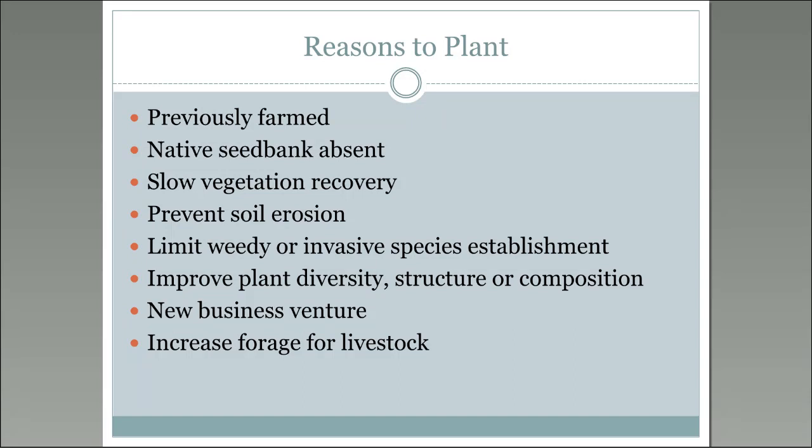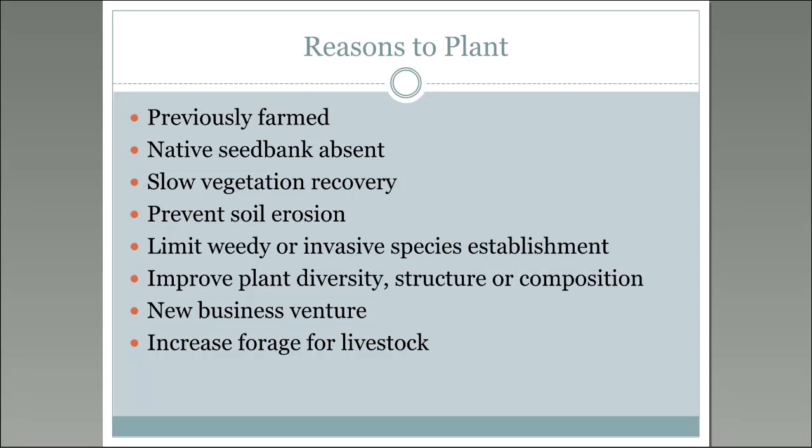So when you have an area that has been opened up for bare ground, that leaves space to where some plants nearby, such as that old world bluestem, might be able to establish seed there and germinate and take over that area. So once you have plant coverage, it's harder for the sunlight to reach the ground, which will help germinate those seeds. So keeping some sort of plant cover could limit your weedy or invasive plants.